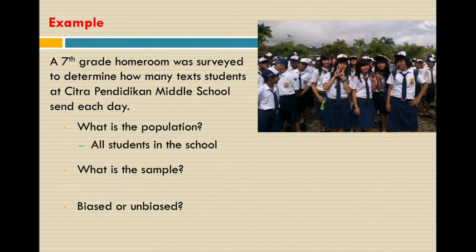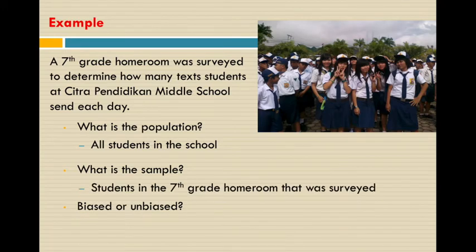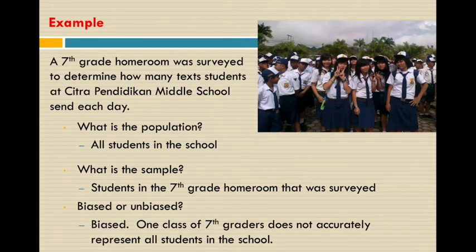Of course, all students in the school. What is the sample? Students in the 7th grade. Is it biased or unbiased? It's biased. Okay? Because one class doesn't accurately represent all the students in the school. So I hope you know the difference between biased and unbiased sampling by now.